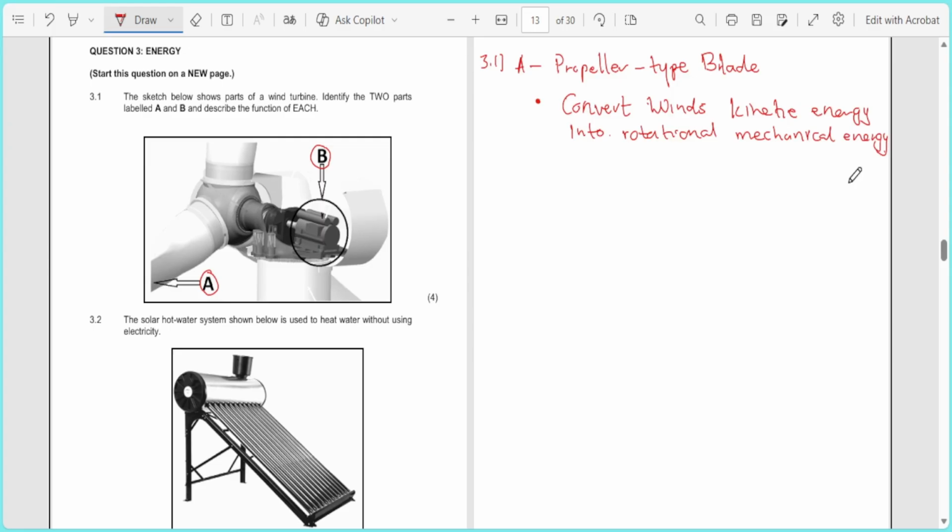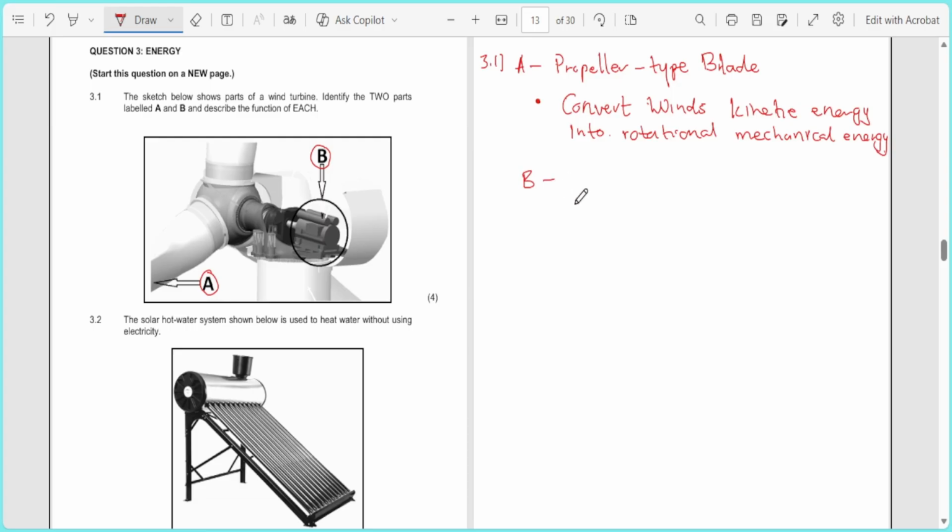So it takes kinetic energy of the wind and converts it into rotational mechanical energy, which leads us to part B, right? Whatever is happening on A is transferred to B.